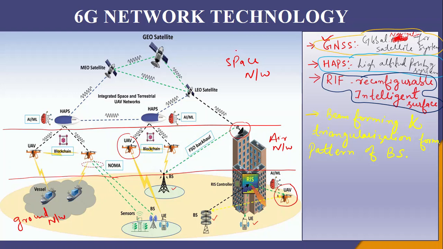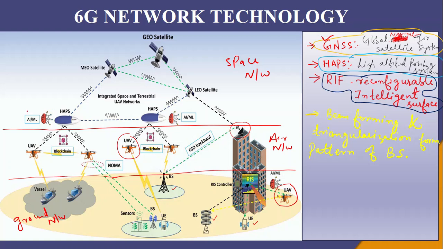Here this space network is connected with the air network, and the air network is connected with the ground network with the help of 6G. So we can say all this 6G network is interconnected, and the whole global world will be connected with the 6G network. This will connect the whole world.